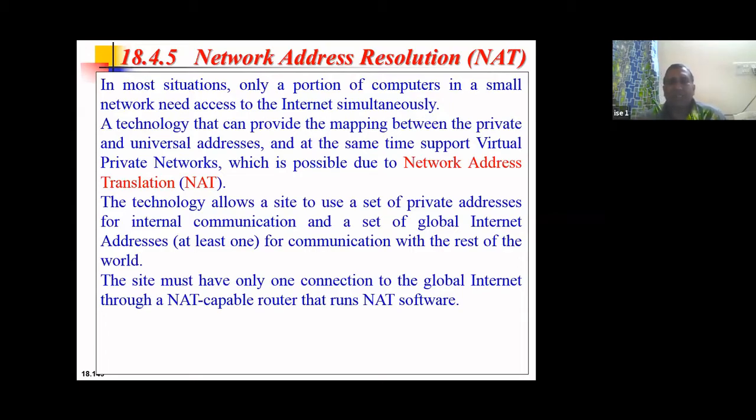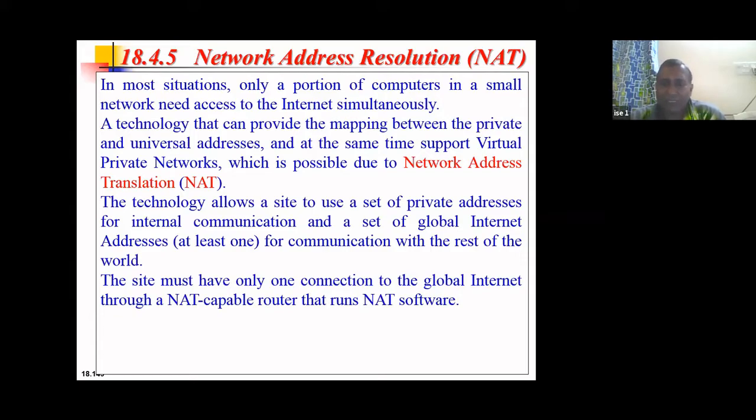We have seen that an organization may allocate some sub networks, some network addresses, to some sub organizations. The organization has its own subunits, and to each subunit it gives some network addresses.